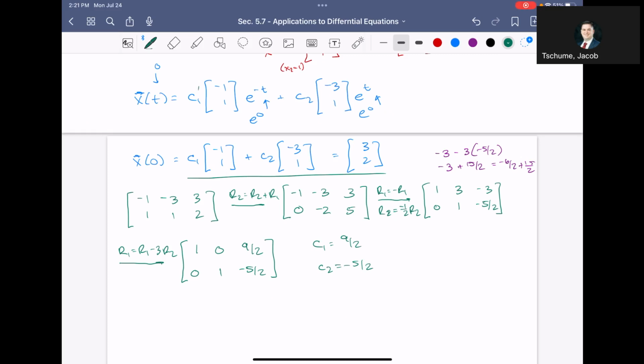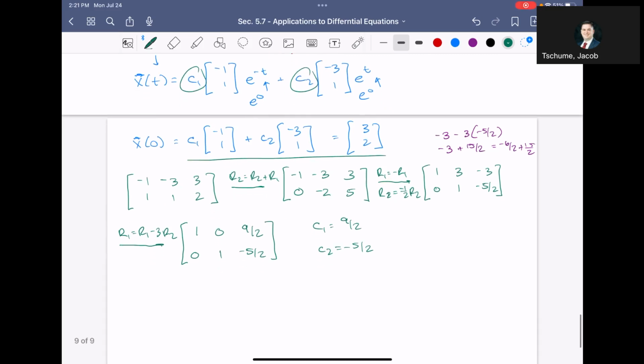Take those two constants and let's plug them back into our general solution for x of t. So we now can see that the vector x of t needs to be 9/2 times the vector -1, 1 times e to the negative t, minus, because your constant 2 is negative, 5/2 times the vector -3, 1 times e to the t.